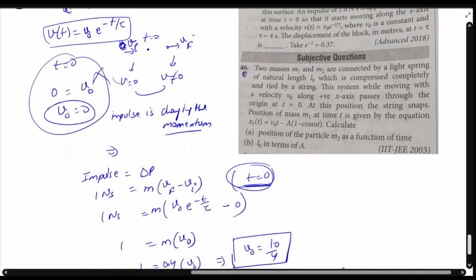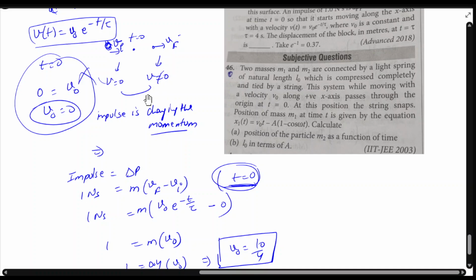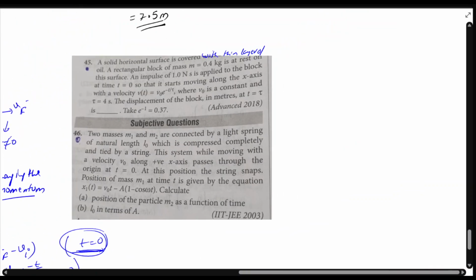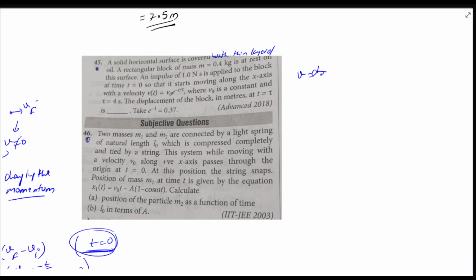Now the displacement we can find, right? As we know, the velocity is changing like this, so dx by dt equals v naught e to the power minus t by tau. So dx is v naught e to the power minus t by tau dt, and we integrate for the time 0 to tau.